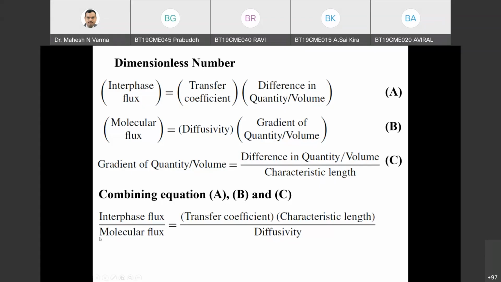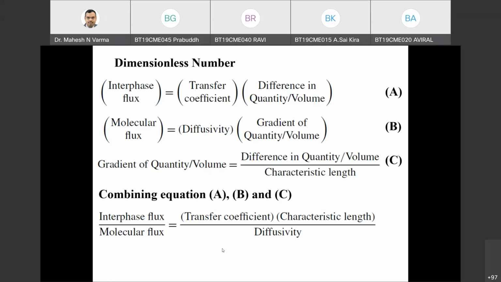So now, what is the dimensionless number in momentum transfer? Transfer coefficient. What is the transfer coefficient in momentum transfer? So, it's half f into V_CH, or we can just say V_CH.